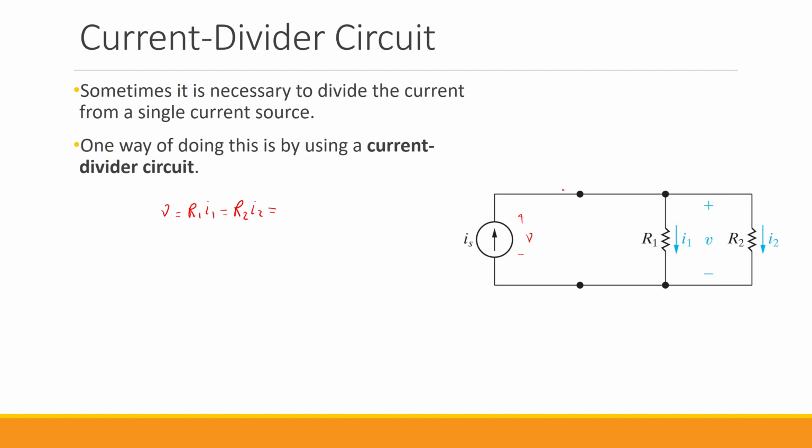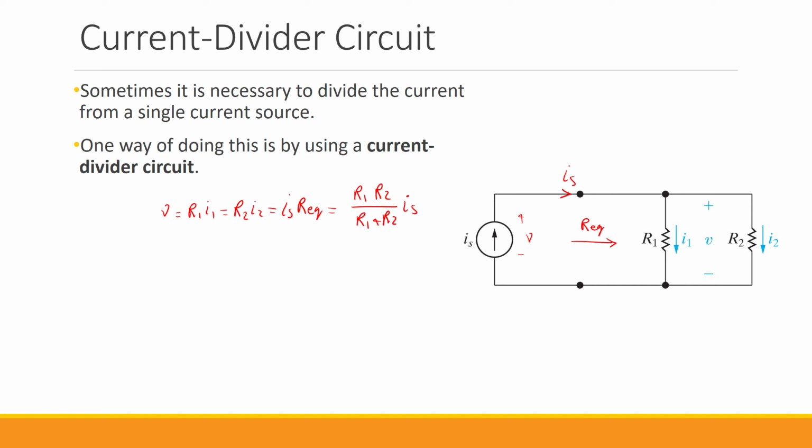Since we have this current Is going in this direction, and R1 and R2 in parallel, we have this equivalent resistance Req as a result of R1 being in parallel to R2. So V equals Is multiplied by Req. Do you remember what the equivalent resistance was for two resistors that are in parallel? It was R1 R2 divided by R1 plus R2, multiplied by Is.